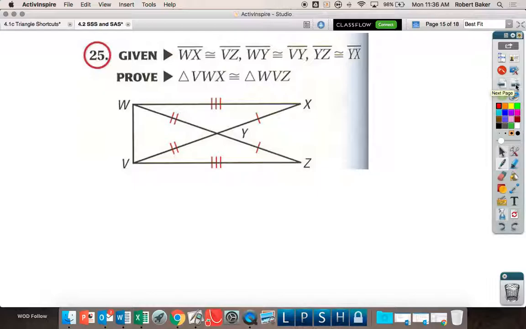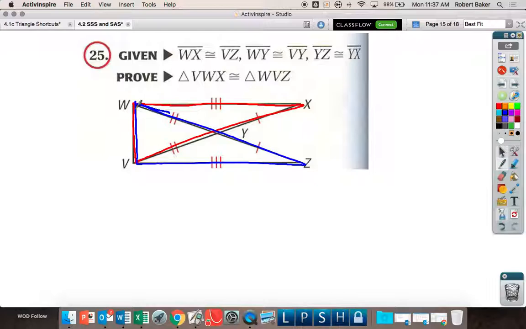It says prove triangle VWX and triangle WVZ. Prove that the red triangle and the blue triangle are congruent to each other. Okay, so you're going to predict the side shortcut.